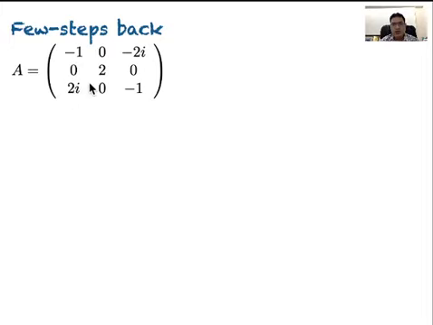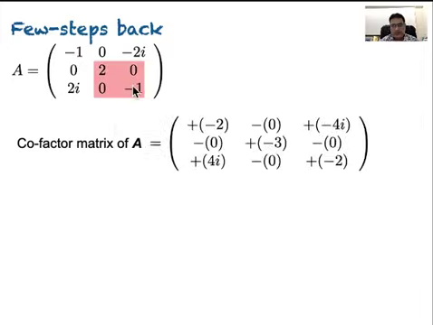Now I can calculate the cofactor of the matrix. I'm sure you have done it numerous times, how to estimate the cofactor of A. If I want to take the cofactor of -1, then this will be my cofactor. In this way I can estimate the cofactor of the whole matrix.